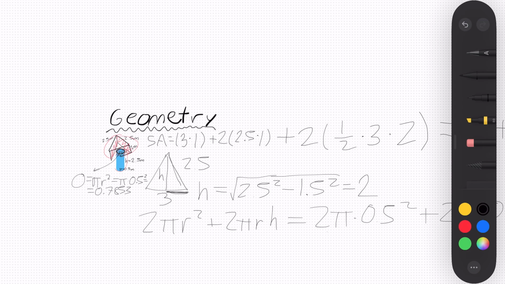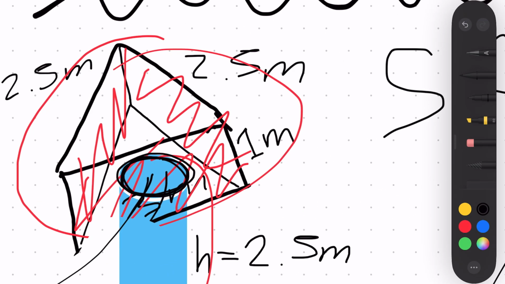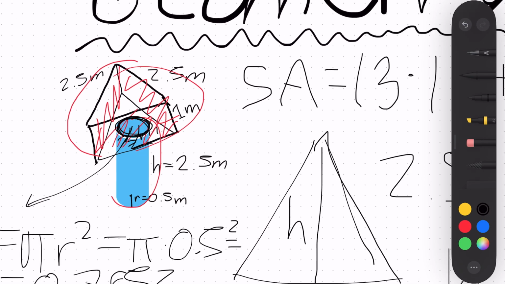So now, how do we subtract this? Well, we need to subtract it 2 times, as this area appears in the triangular prism and also in the cylinder.